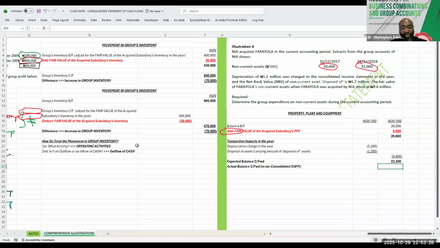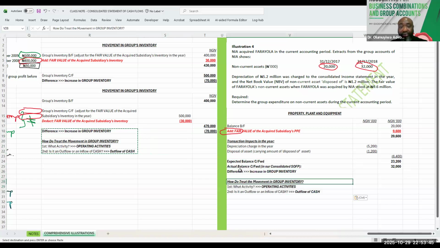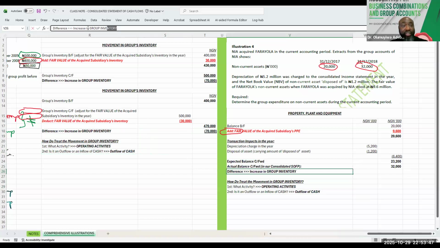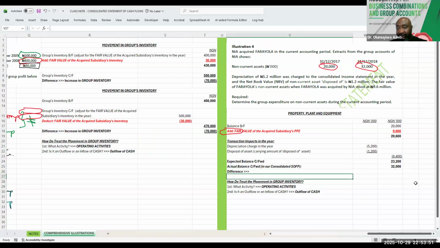And therefore, I put 32 million. At the end of the day, I make comparison. What is the difference and how do I treat it? What is the difference in this? We have a difference of how much? Now for PPE, we have difference of 8,800.